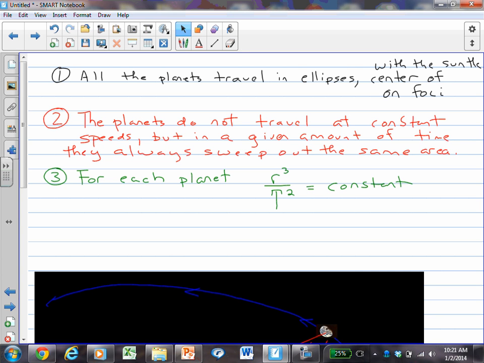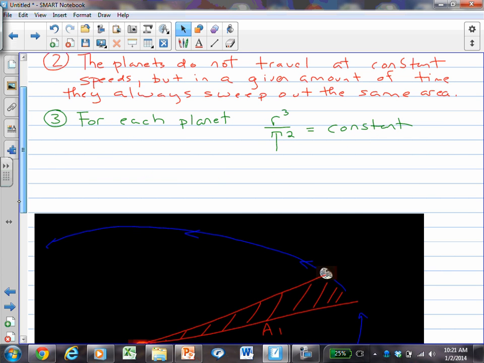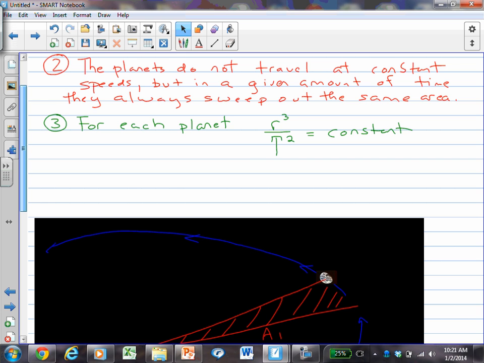And when Newton started to look at this last idea, he realized the reason that this was a constant was based on circular motion, especially for circular motion at a constant speed.